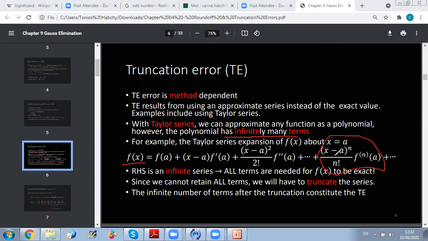It's x minus a to the power n over n factorial times the derivative of order n at a. And n factorial can be computed as 1 times 2 times 3 until times n.